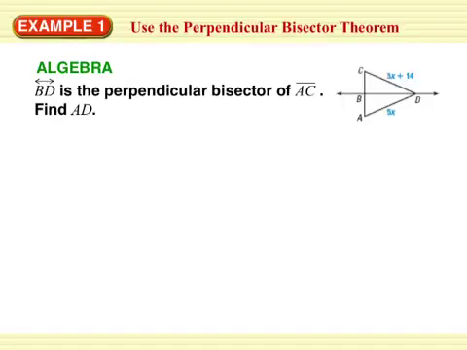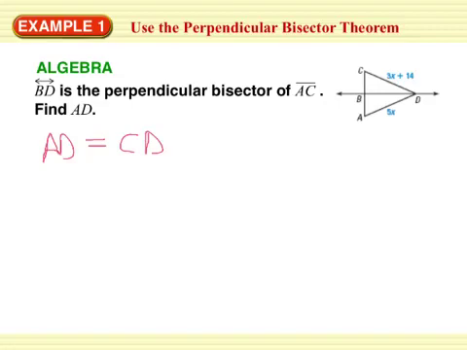Okay, let's do an example. BD is the perpendicular bisector of AC. Find AD. Because of Theorems 5.2 and 5.3, we know that AD is equal to CD.